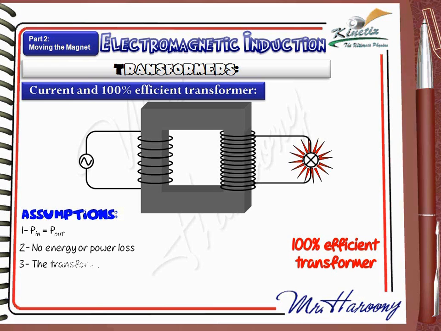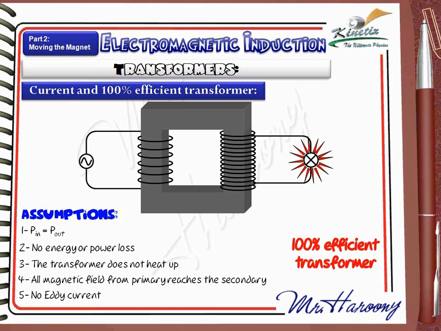Number 3, the transformer does not heat up, so no energy is lost as heat. Number 4, it also assumes that all magnetic field from the primary reaches the secondary. Number 5, no eddy current. This is a type of current that may be generated in the coil and opposes the transfer of magnetic field from primary to secondary.